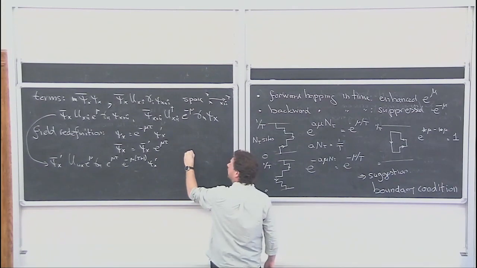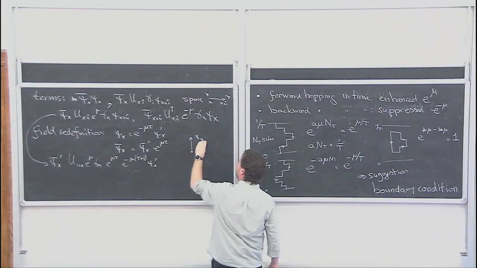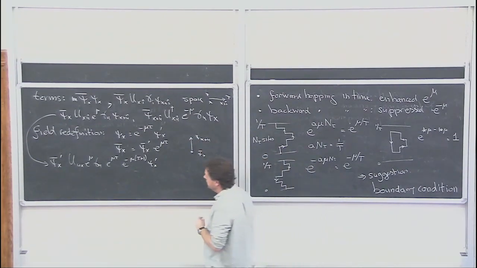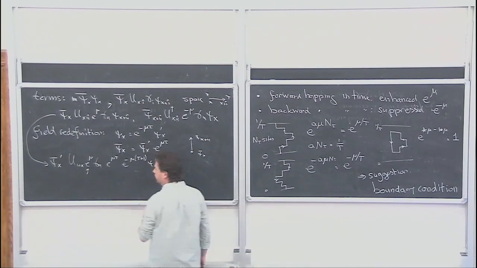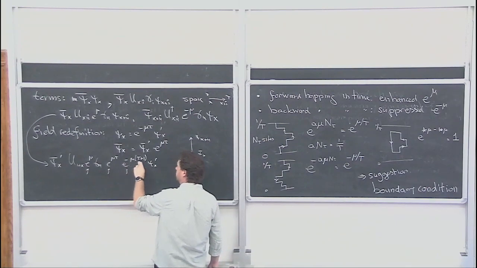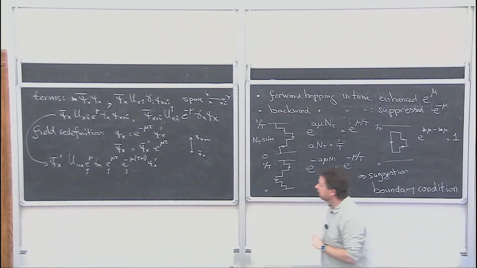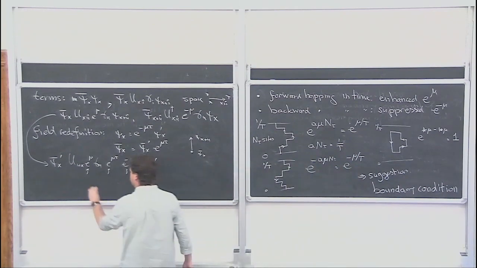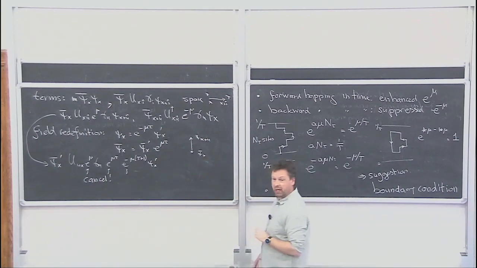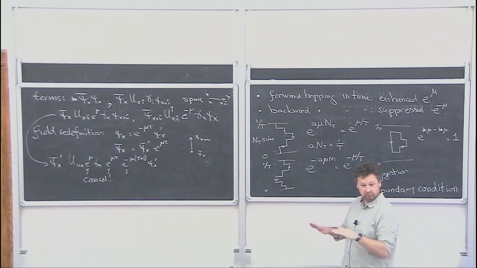So here I have psi bar at time x, and psi at time x plus 4. If I do this field redefinition, I have e to the mu from the original action, e to the mu times tau, times e to the minus mu (tau plus 1). And so the mu factors exactly cancel. So they exactly disappear. So in terms of the prime fields, the mu dependence has completely disappeared.